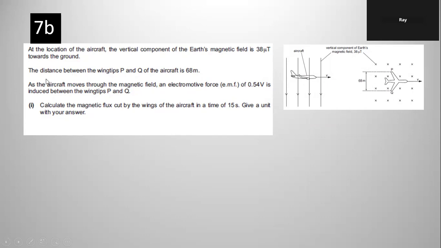As the aircraft moves through the magnetic field, an electromotive force of 0.554 volt is induced between the wing tips P and Q. Calculate the magnetic flux cut by the wings of the aircraft in the time of 15 seconds. Give a unit. Right, you've got 10 more minutes.